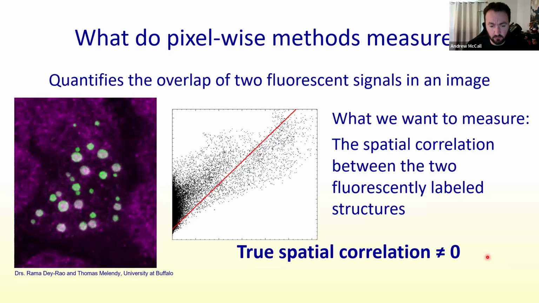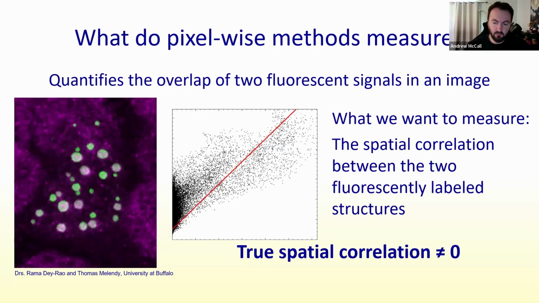Since we know the true correlation cannot be zero, there has to be some amount of error, a range across which our correlation exists or below which our correlation exists. This scatter plot does not tell us that range. None of the pixel-wise techniques, Pearson's, Manders, Lee's, or Costa's significance test, nothing like that tells us what that range is.